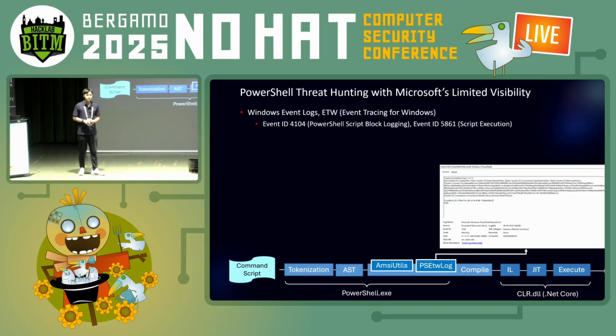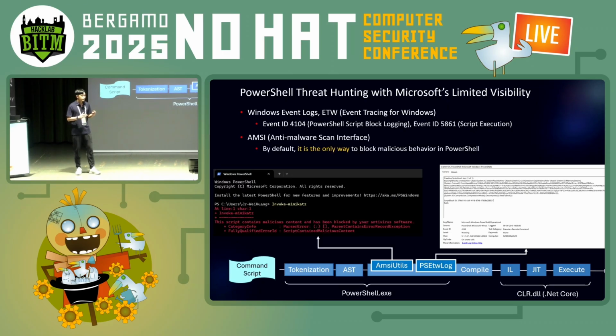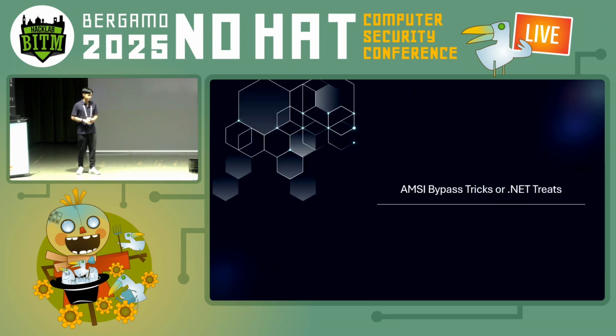The first option is script block logging with event 4104 and the ETW traces, both of which originate from the PowerShell PSETW log module. The second one is AMSI, which is the only one that can block the malicious PowerShell before it executes. And AMSI cooperates with third-party EDR and antivirus to perform the detection.